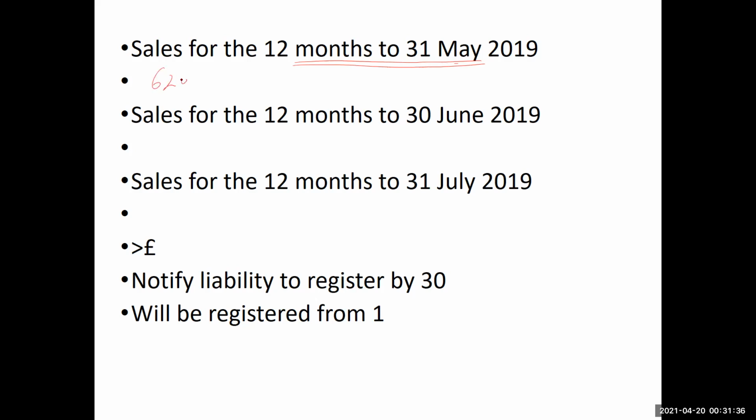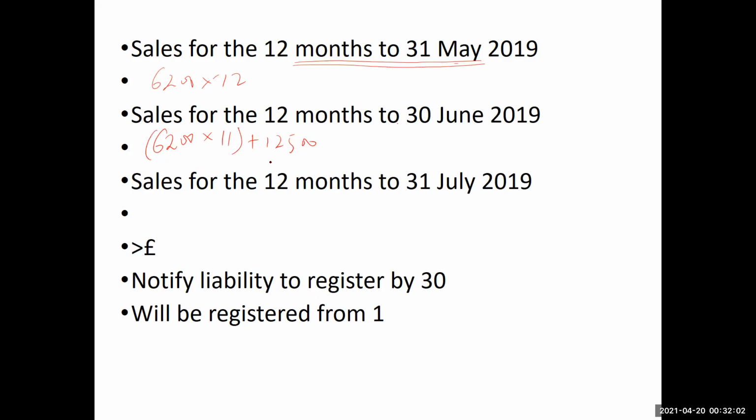Now, up to June again, it means that we are looking at the period July to June, which means it will be 6,200 times 11 plus the 12,500 that moves on thereafter.